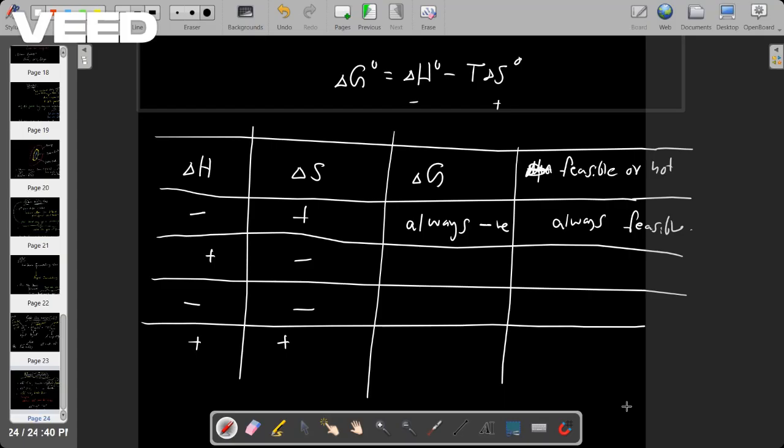If delta H is positive and delta S is negative, delta G is always positive.